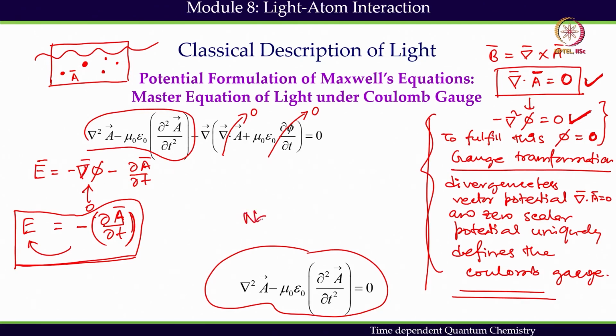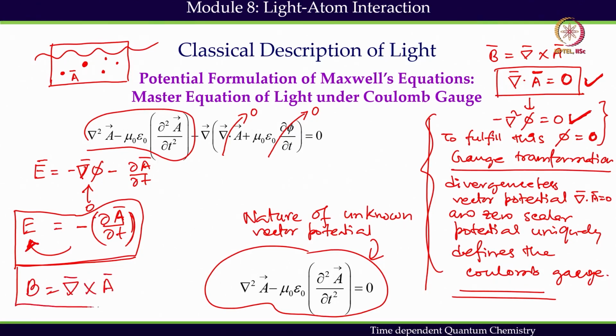So the nature of the unknown vector potential is represented by this equation. We have to solve this equation. Then I can get the nature of the vector potential. Once I know it, I'll be able to get the electric field from there. And the magnetic field, of course, I'll be able to get from here. So both fields can now be represented in terms of the vector potential.